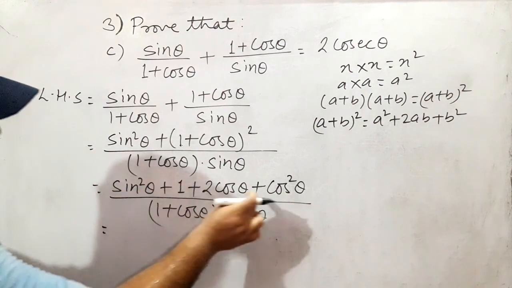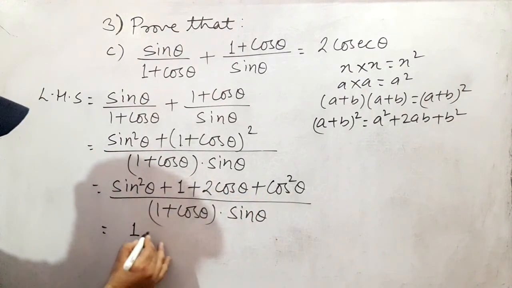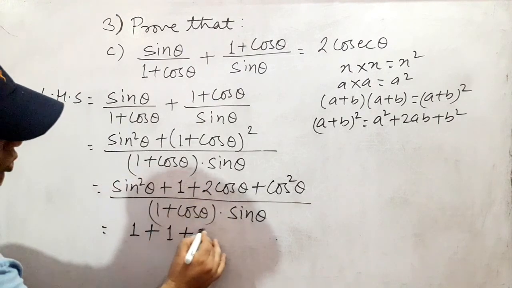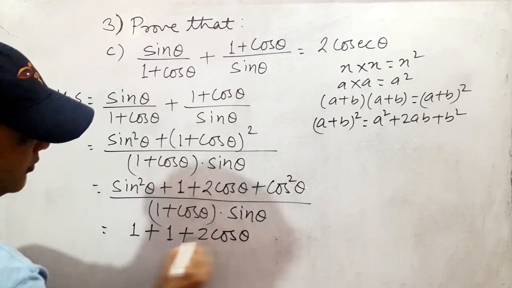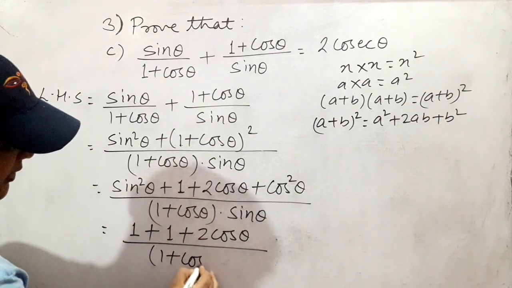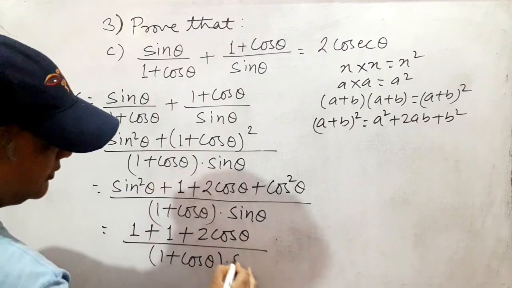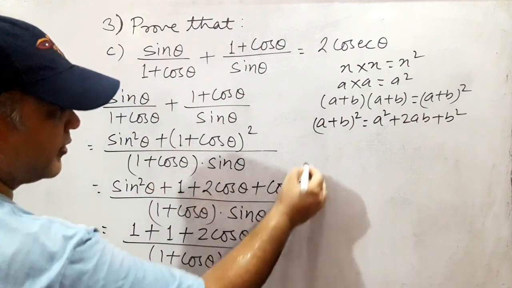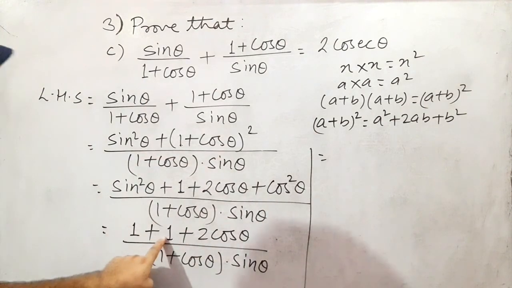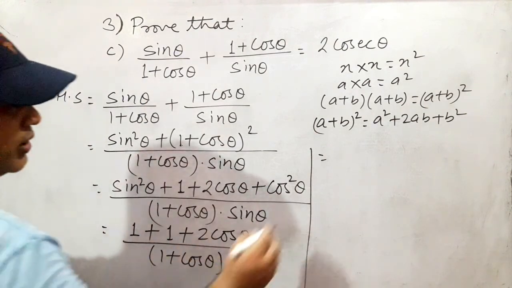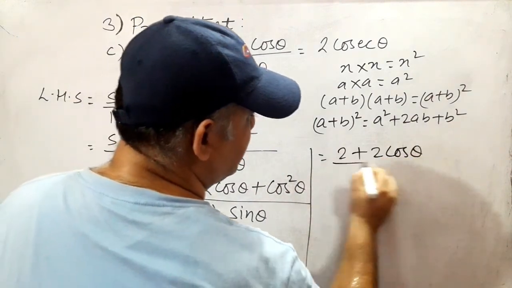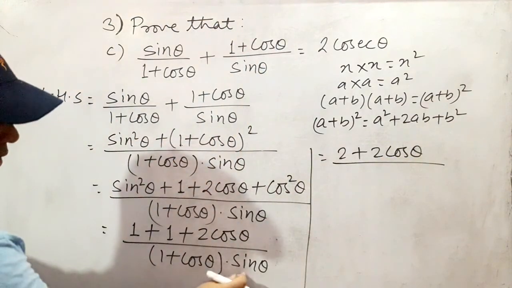So sin square theta plus cos square theta we can write as 1, plus 1, plus 2 cos theta, by (1 plus cos theta) into sin theta. 1 plus 1, 2, 2 plus 2 cos theta by (1 plus cos theta) into sin theta.